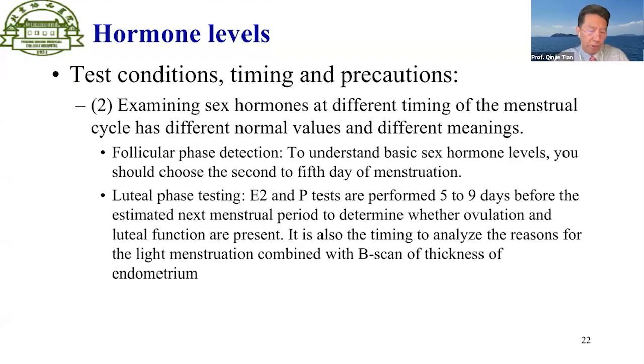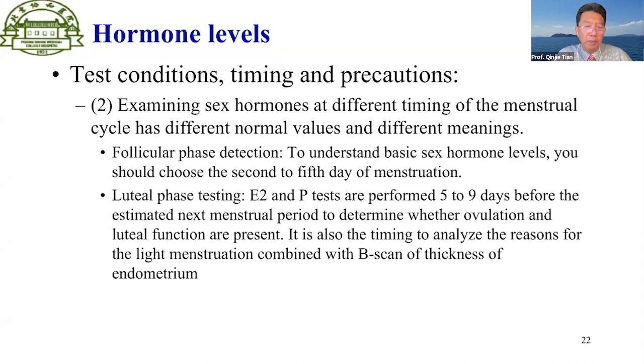During the luteal phase, hormone testing for estradiol and progesterone is conducted 5 to 9 days before the estimated next menstrual period. This helps determine the presence of ovulation and assess the luteal function. Additionally, it is the optimal timing to analyze the causes of light menstruation.